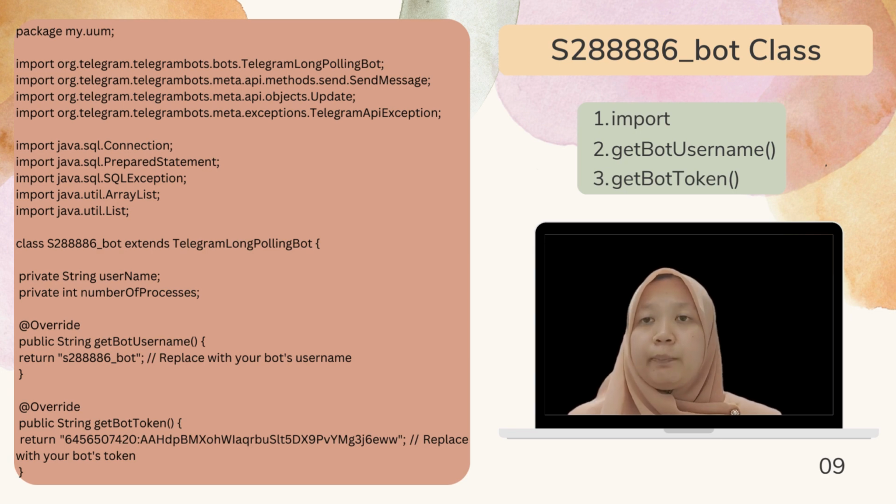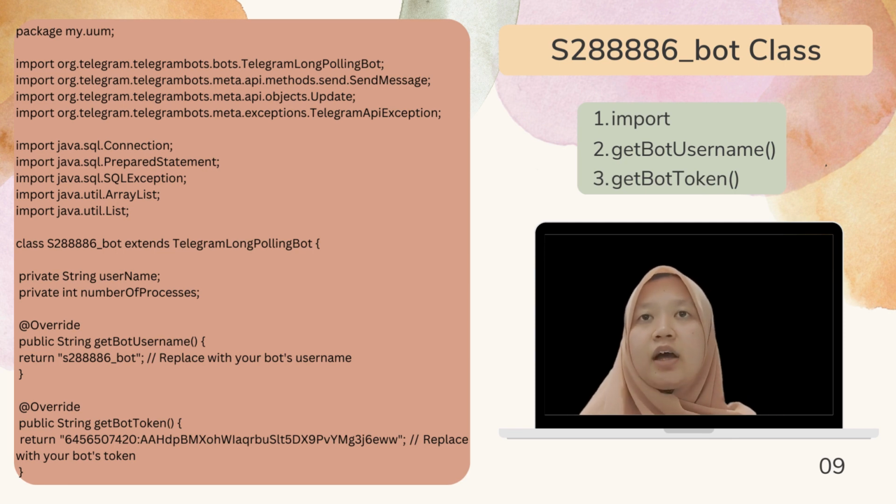And update imports represent an incoming update, and Telegram API exception is for handling Telegram API related exceptions. And for connection, prepared statement, and SQL exception, these three imports are used for database interaction. And next, array list and list are used to work with lists of objects.